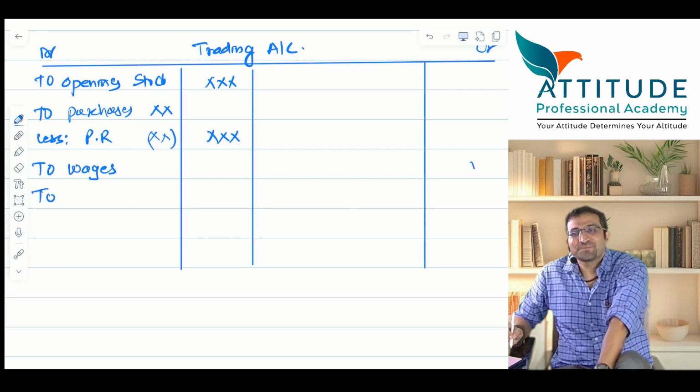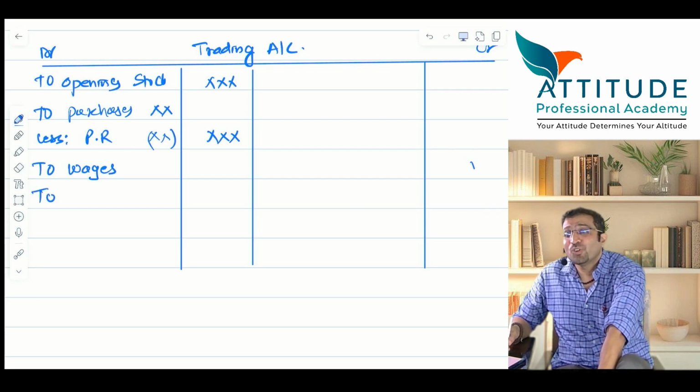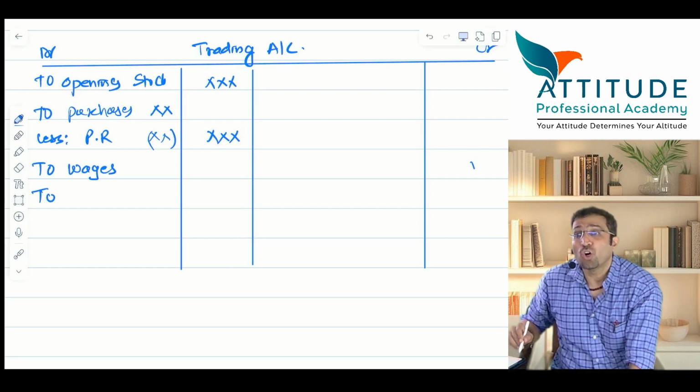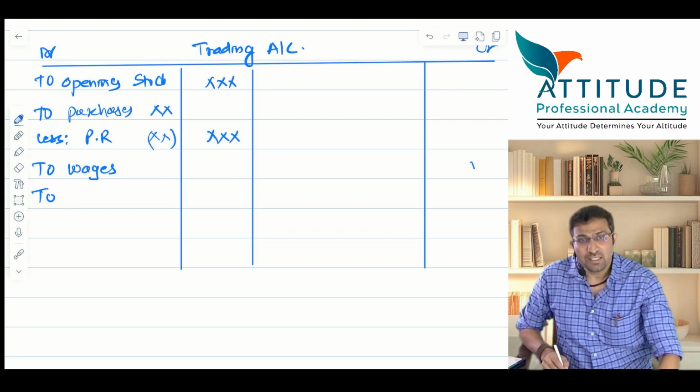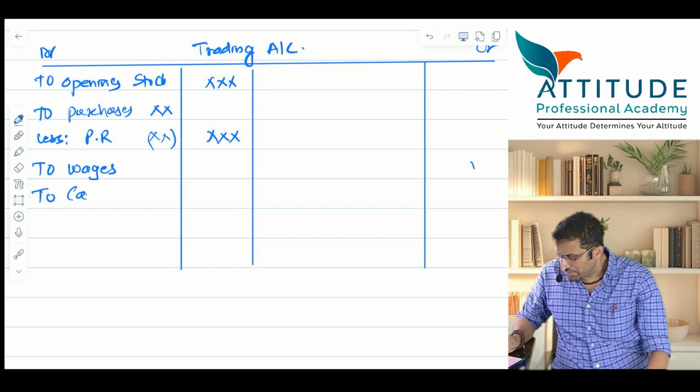Tell me, any other item that comes in the trading account? Carriage inward.